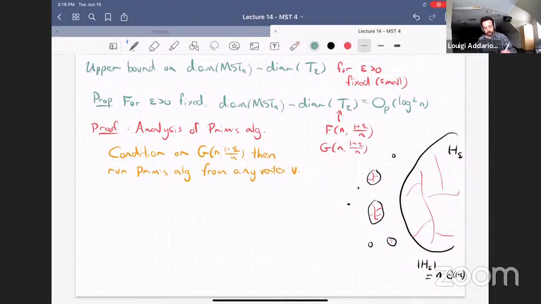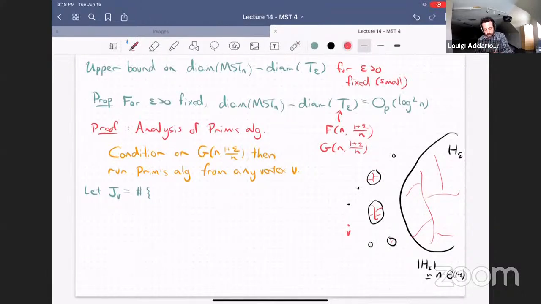Okay, so to formalize that, let me write J_V for the number of components that Prim's algorithm goes through if we start at vertex V until it gets to H epsilon.